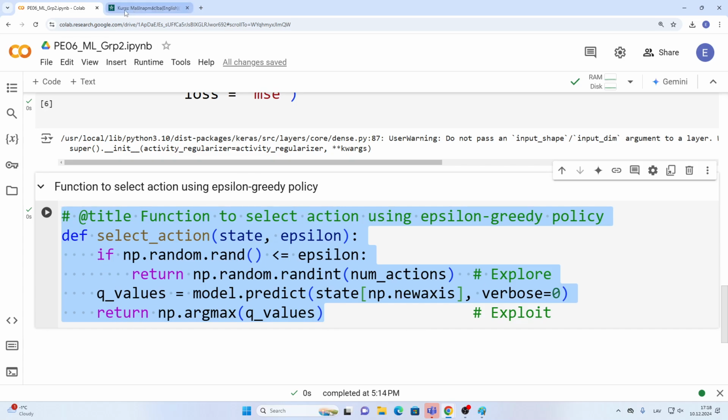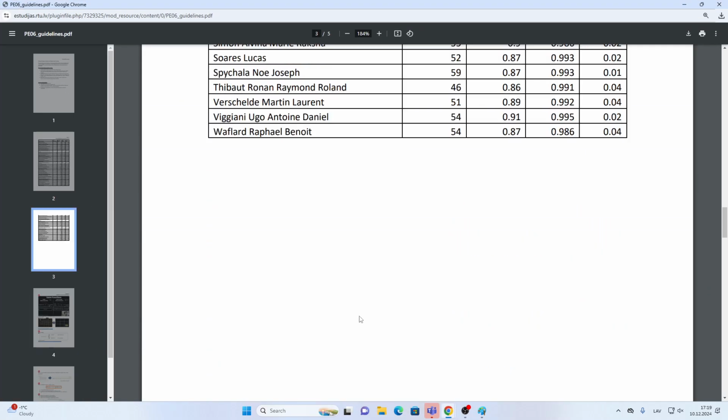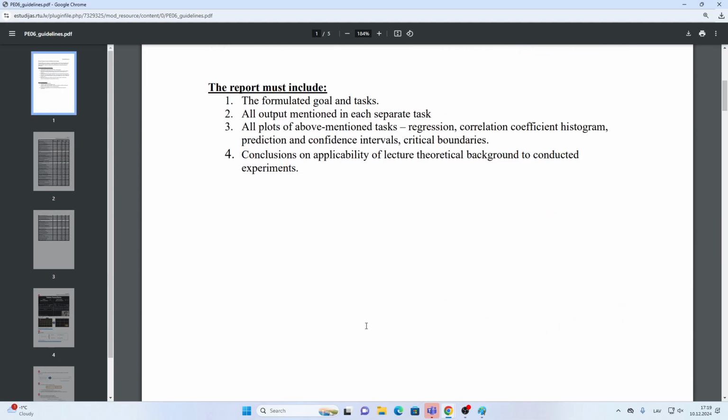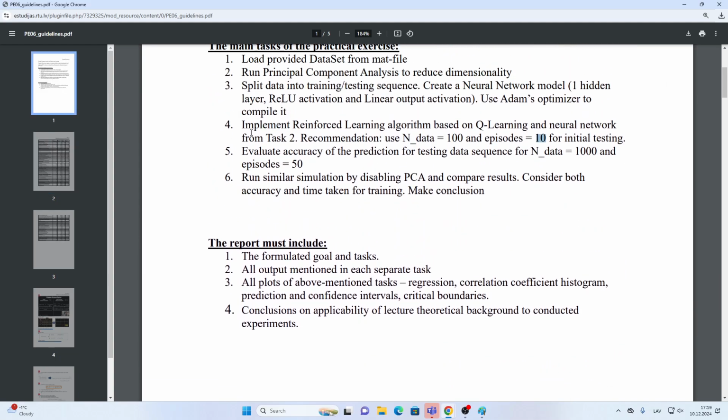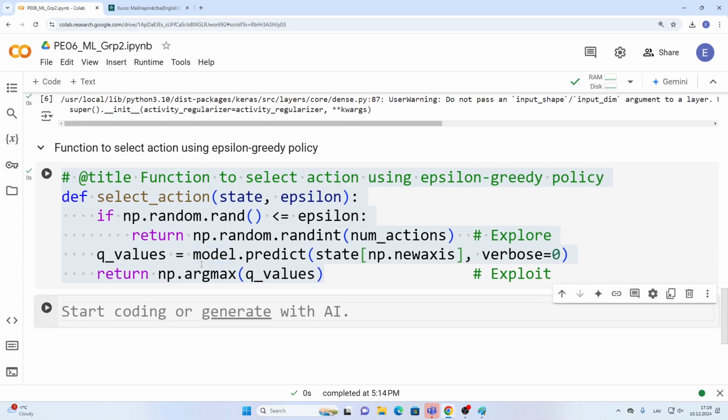So this is the function to run the action. Now we go to the next task: create the reinforcement learning algorithm, task number 4, with Q-learning and the neural network from task 2. Here I'm going to create a new block.